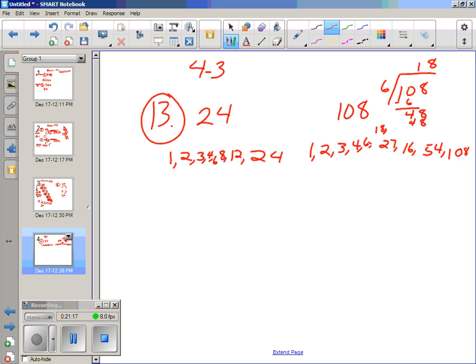Does 8 go into 108? No. 8 times 3 is 24. 8 times 4 is 32, so that's not going to work. 8's not going to work. 9 does. Is 9 going to work? We have one more. 9 and 12. And then we're done. Okay?